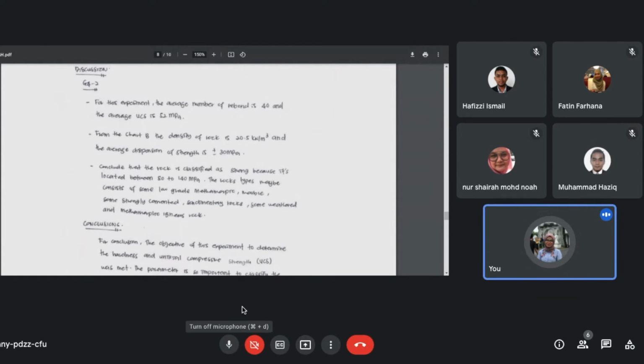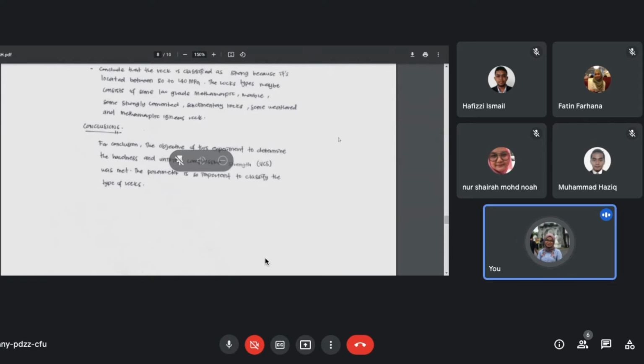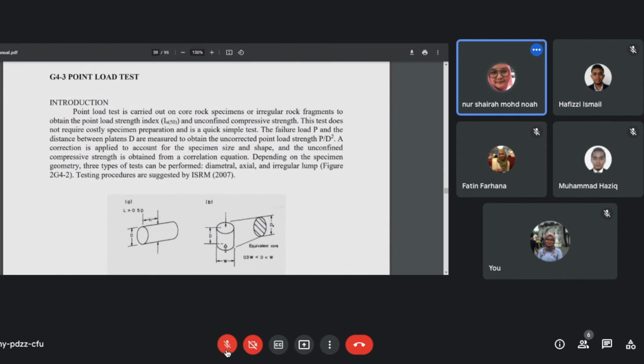The parameter is important so that we can classify the type of the rock, so we can know whether the rock is stronger or not. Okay, the last experiment is the point load test.